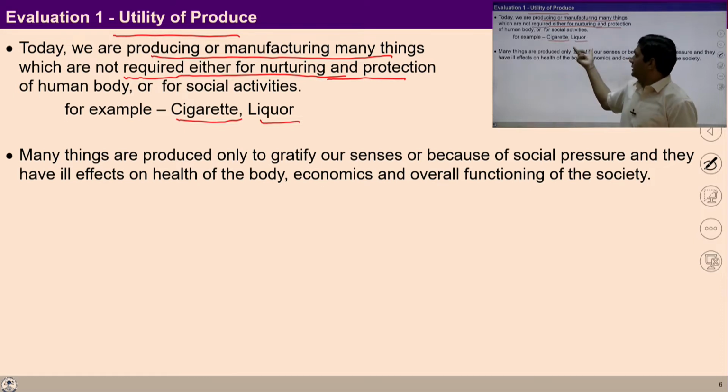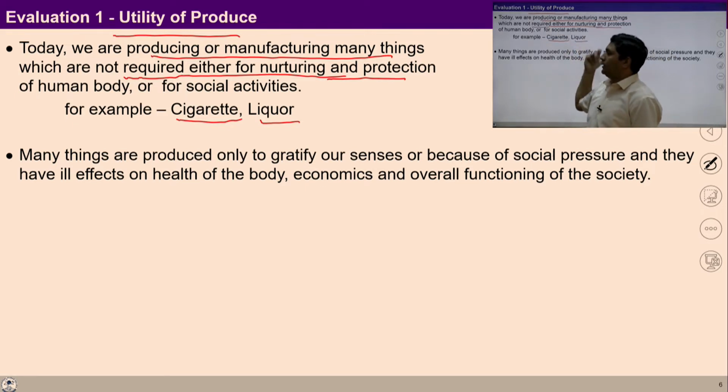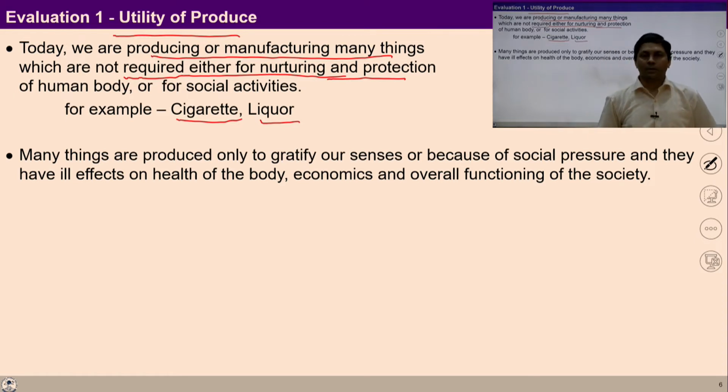Are these production facilitating human social activities? If not, then why are we producing them? If this kind of production is not ensuring nurturing of the body, protection of the body, or any meaningful activities in the society, it means it is being produced in the context of madness of profit.